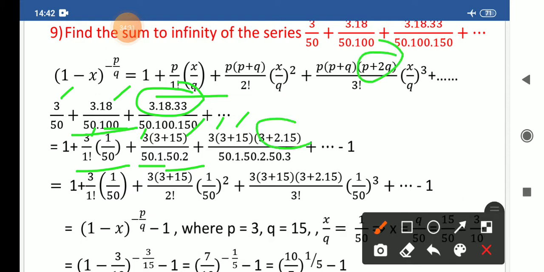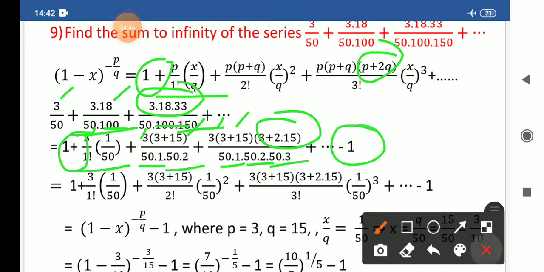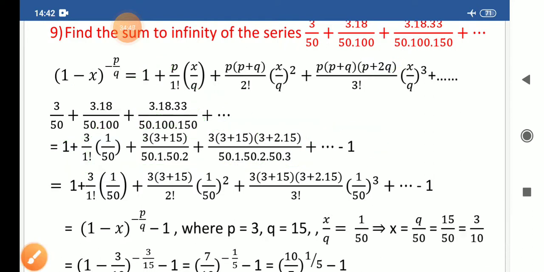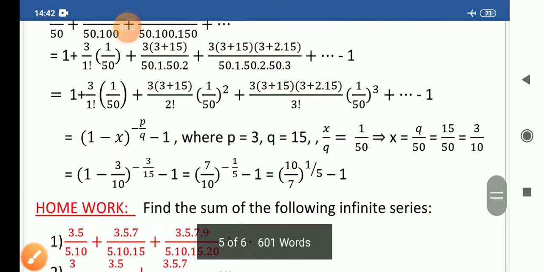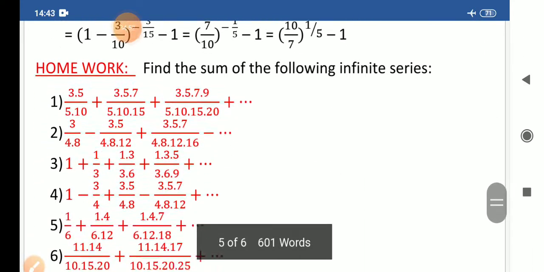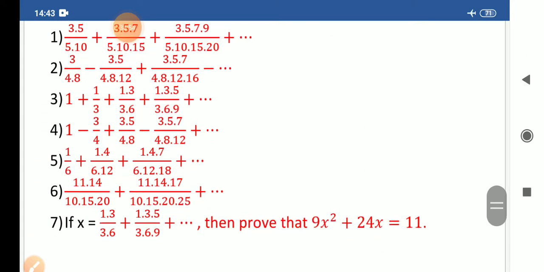But in this formula there is 1, so we add 1 here and subtract this 1 here. In the same way, comparing, we have the answer like this. So practice these problems. These are very important.